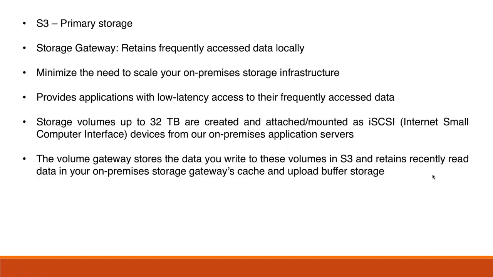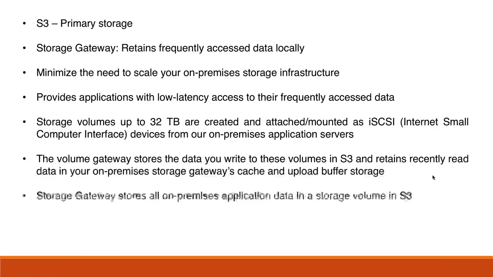The volume gateway stores the data that you write to these volumes in S3 and retains the recently read data in your on-premises storage gateway's cache and upload buffer storage. The storage gateway stores all the on-premises application data in a storage volume in S3.